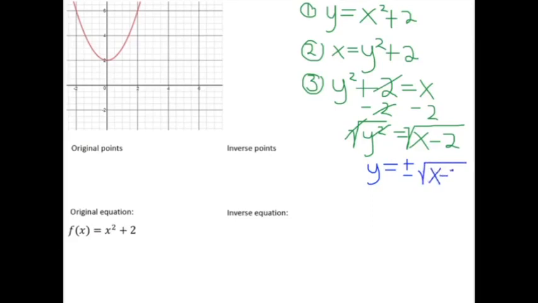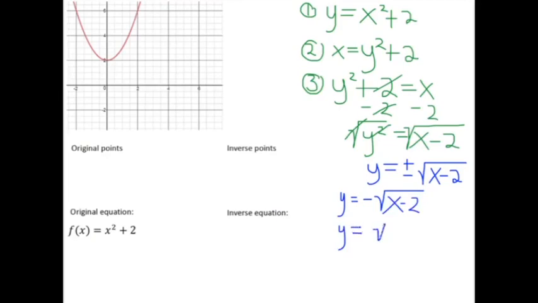You can see right here that we have y equal to two different expressions for x. If you need to see more clearly the two different expressions, we have y equals negative square root of x minus 2, and we have y equals positive square root of x minus 2.